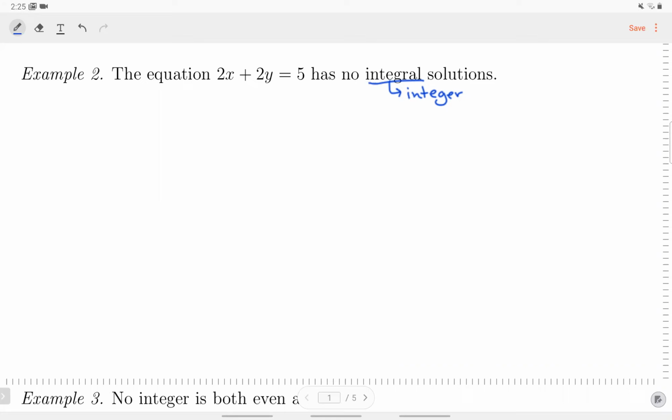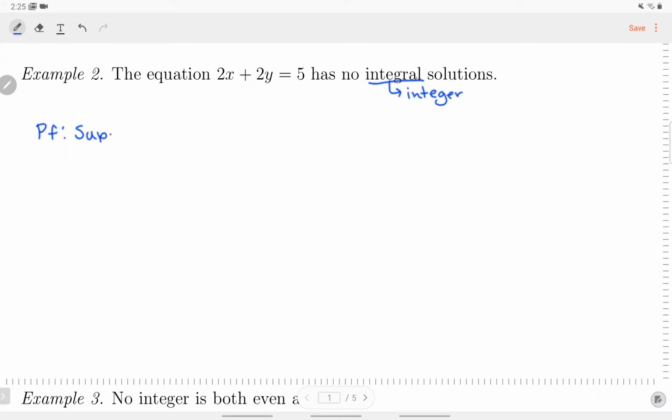So this is how proof by contradiction works. What would go wrong if x and y were integers? Why wouldn't it equal 5? Why couldn't it? I'd have an even plus an even equal to an odd. That's not possible. So there's our proof by contradiction. Okay, so here you go. Proof.